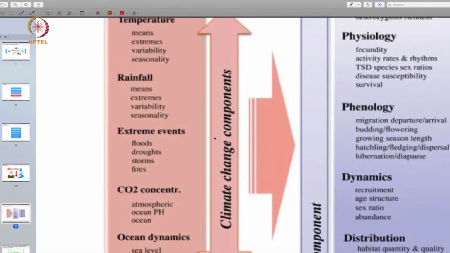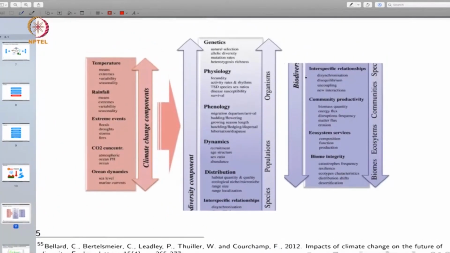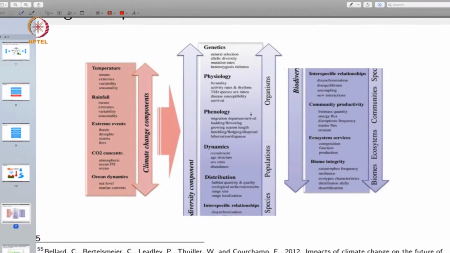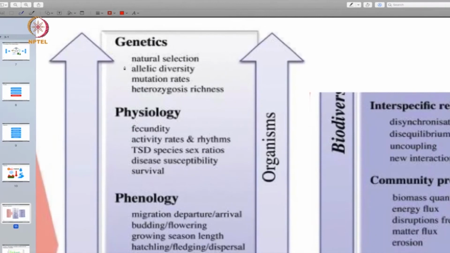So all of these climate change components result in changes in the biological system at the organismic level, population level, species level, community level, ecosystem level, and even at the biome level. So, for instance, we'll start seeing changes in the natural selection, and we'll look at changes in natural selection and allelic diversity in a short while.